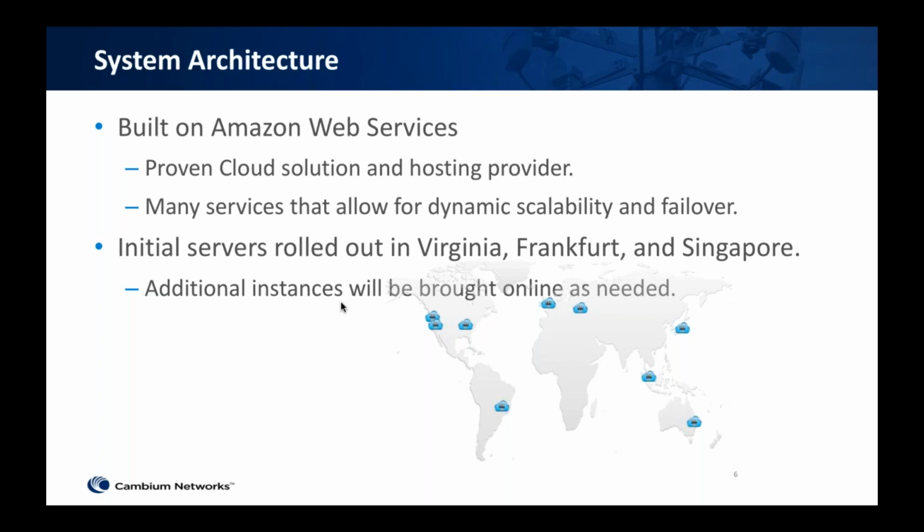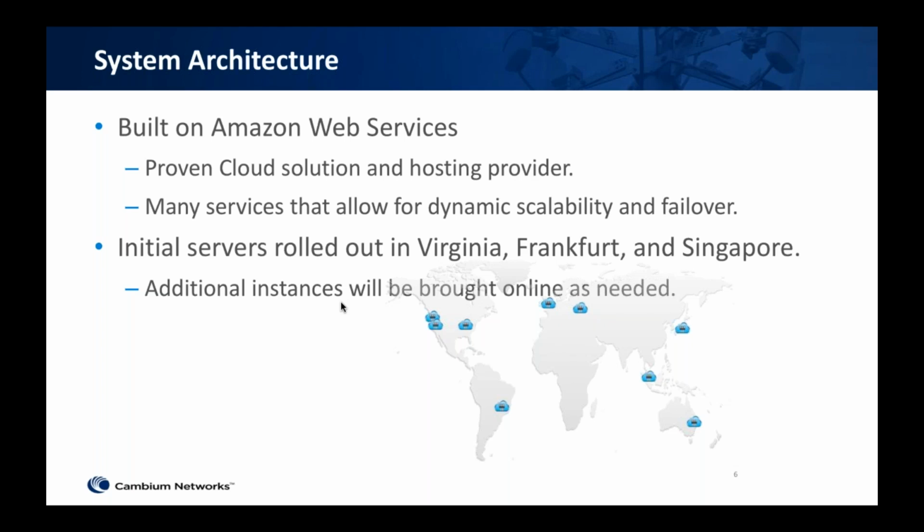And because we are using AWS, most of the services, such as databases and message buses and things like this, are dynamically scalable, and in case of failover, you will have redundancy.